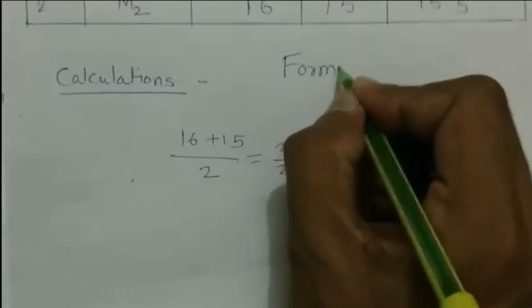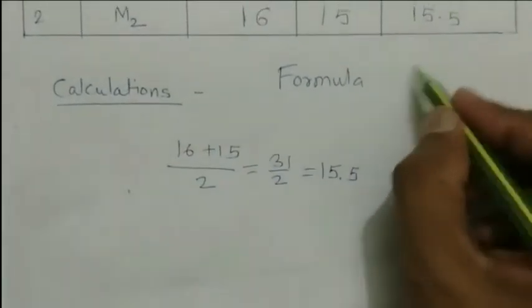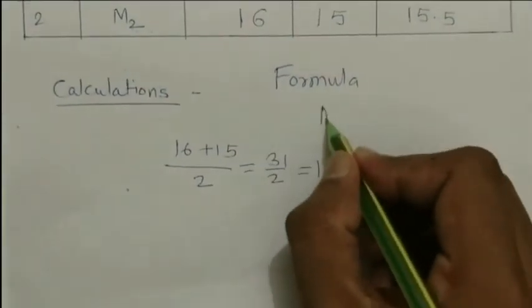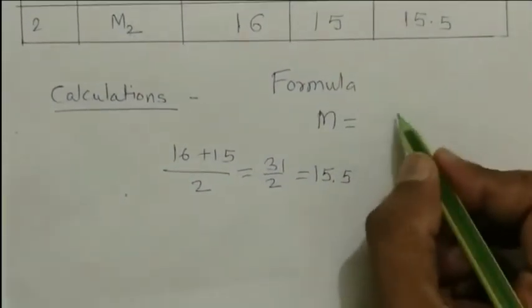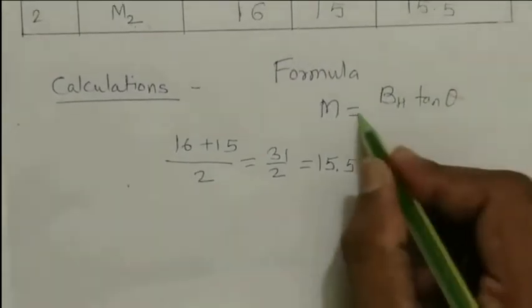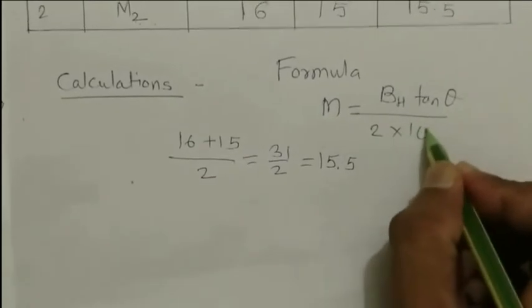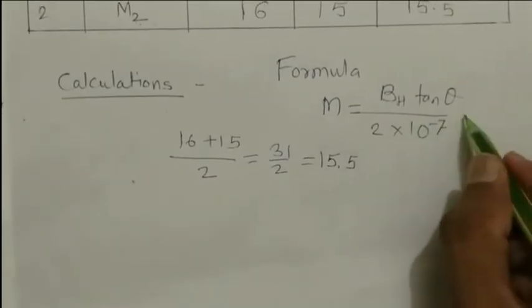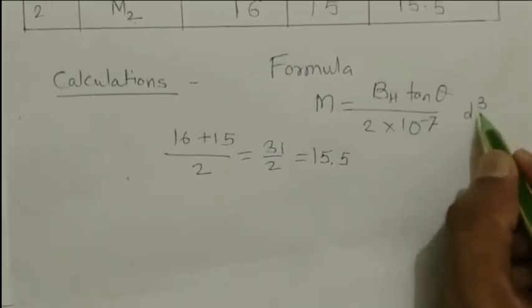The formula for tan A position is the magnetic moment M is equal to BH tan theta divided by 2 into 10 to the power minus 7 into d cube.